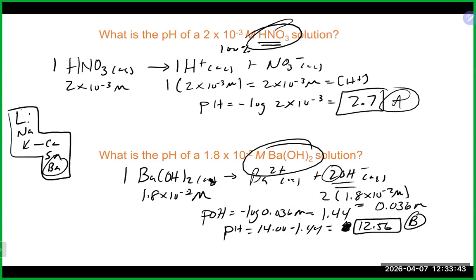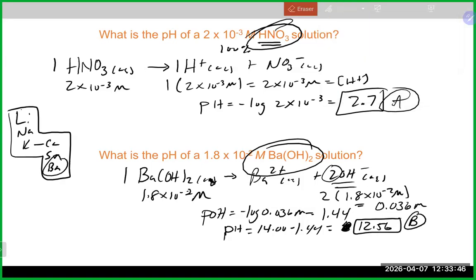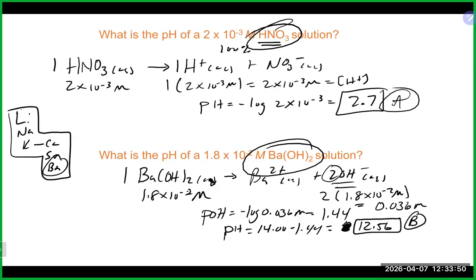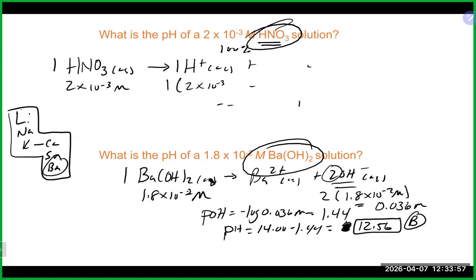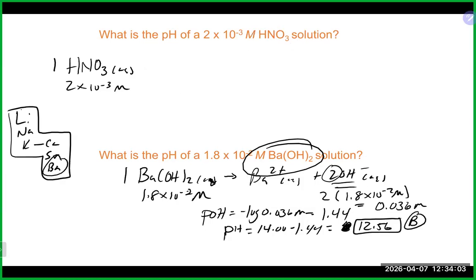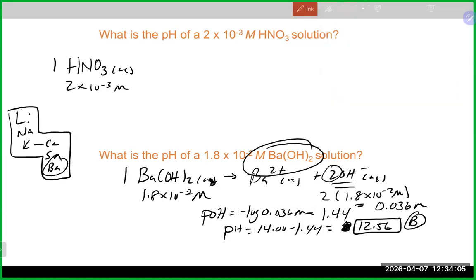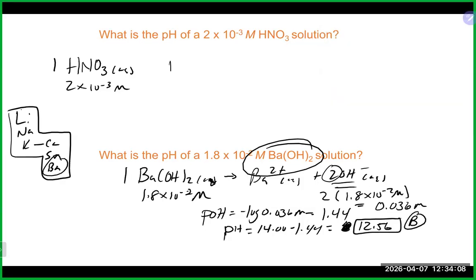So that's how concentrations work from compounds to their ions. This is the shortcut calculation, just multiplying by the coefficient. If you did the longer version of that calculation, you basically have 1.8 times 10 to the minus 2 moles per liter of barium hydroxide.